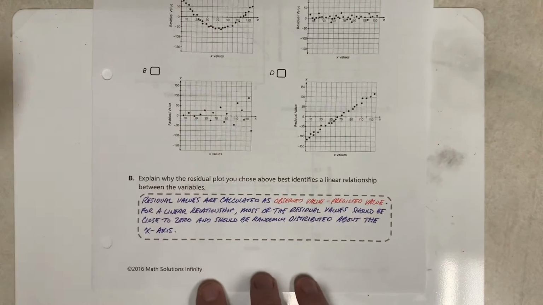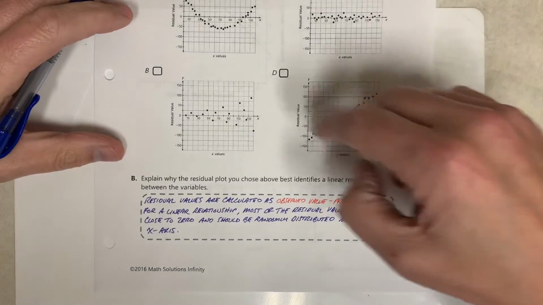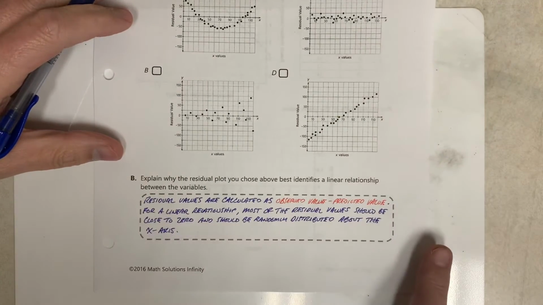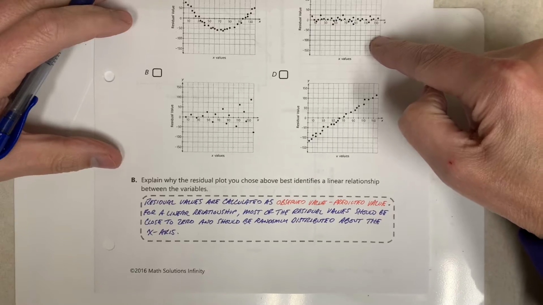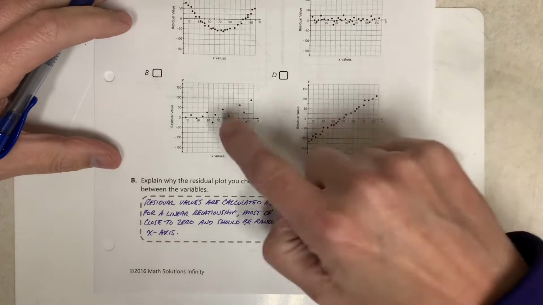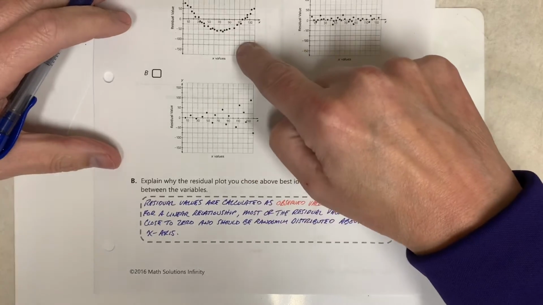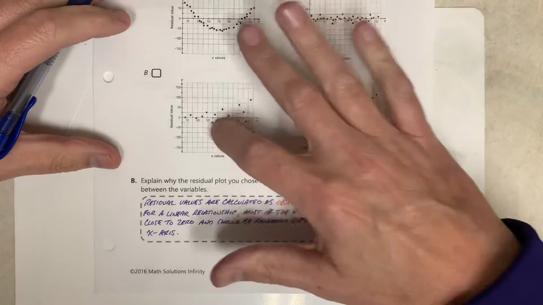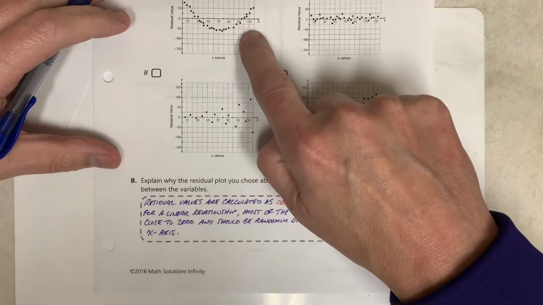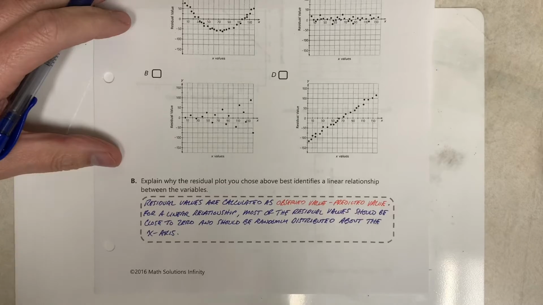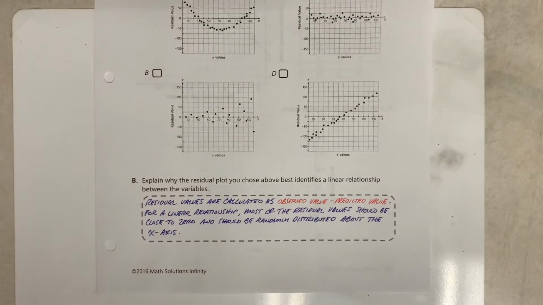Okay, so if we look at our 4 graphs and ask which one matches up with this explanation, that one, because they're random. Not this one because it's linear, not that one because it's a funnel shape, not that one because it's quadratic. Even though these are the most common ones you see when it doesn't have a linear relationship, that's the one you want it to look like.